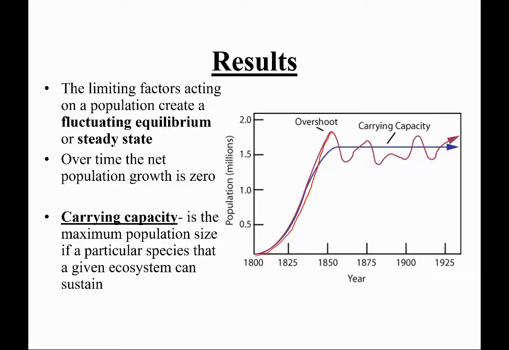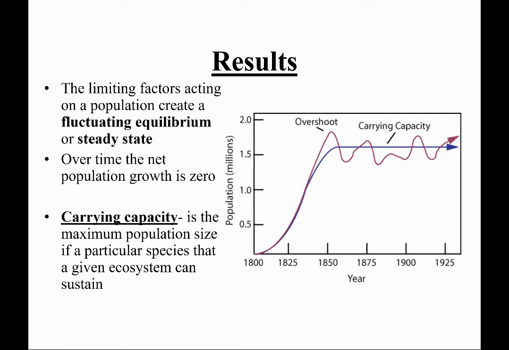It gets a little too high, and then the limiting factors in the ecosystem bring it back down. And then it gets a little low, then it gets high. But you would call this that steady state, right? The blue line, or the darker purple line underneath, is showing you that steady state where the actual numbers are fluctuating in this wave-like pattern.